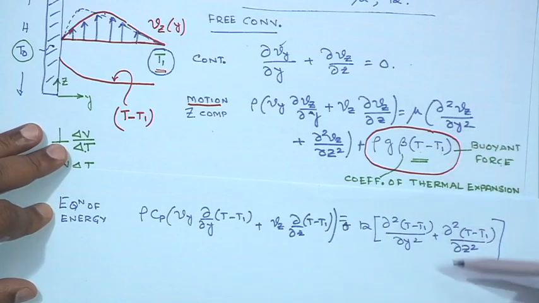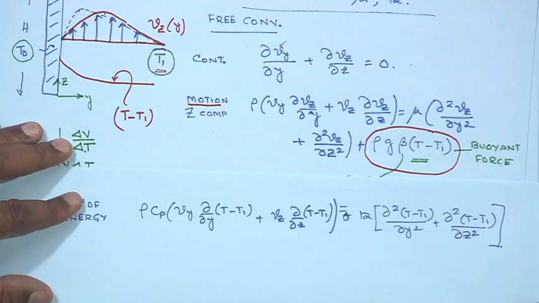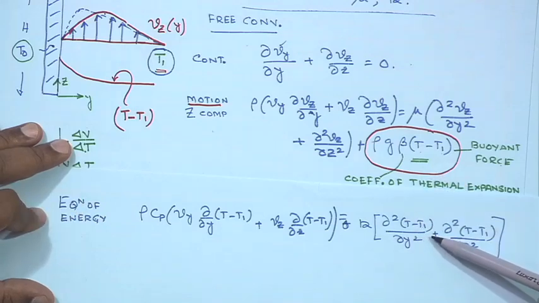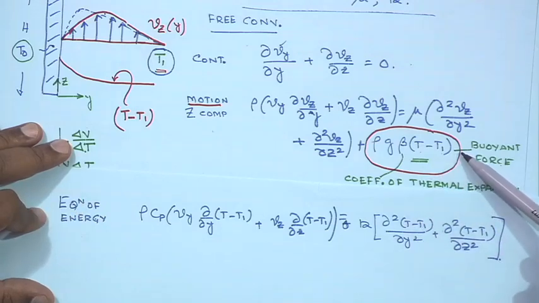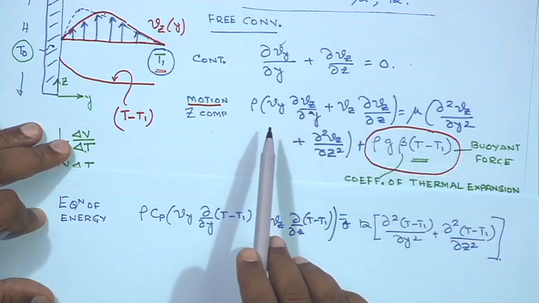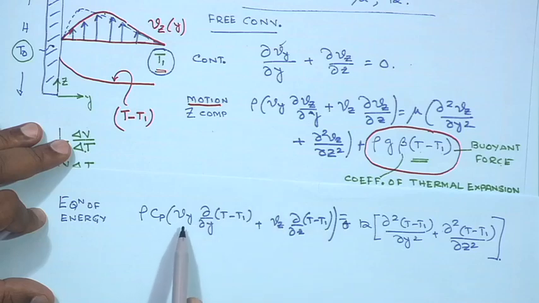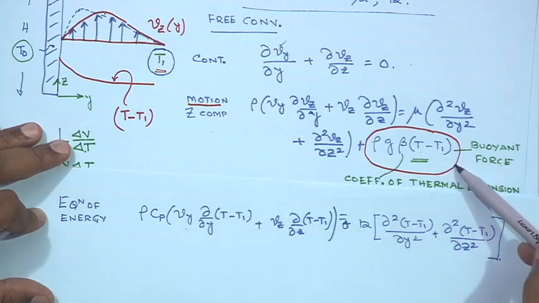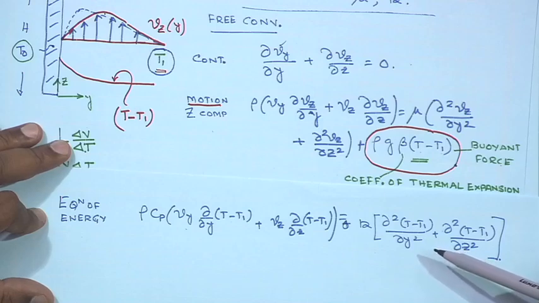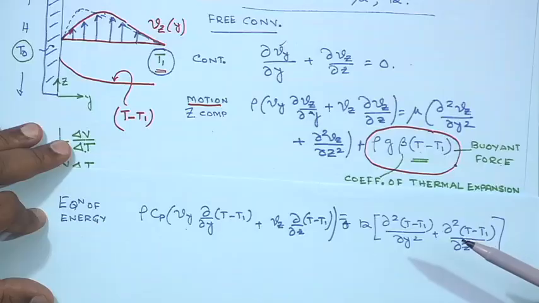Now, if you look closely into these three equations, the temperature rise appears in the equation of energy, and it also appears in the equation of motion. The components of velocity are present in the equation of motion and also in the equation of energy. However, it is the presence of the temperature term in both equations that couples them in a more comprehensive way, in a way that we have not seen before.